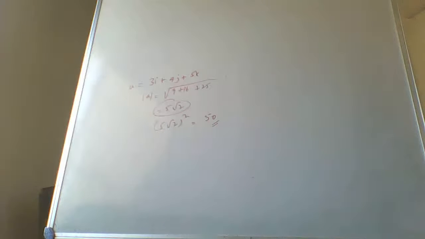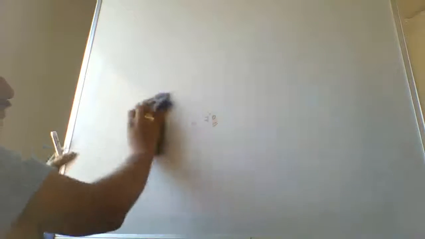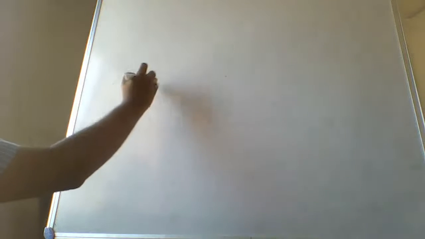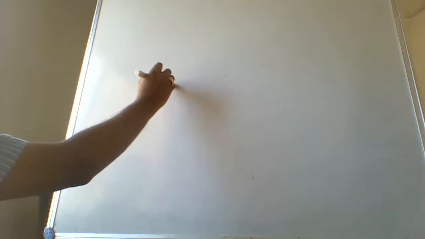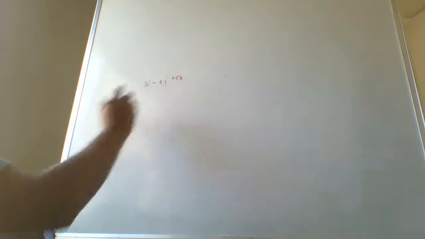Further, let me find the direction cosines of the vectors. Now, suppose I have been given the vector 3i minus 4j plus 5k.